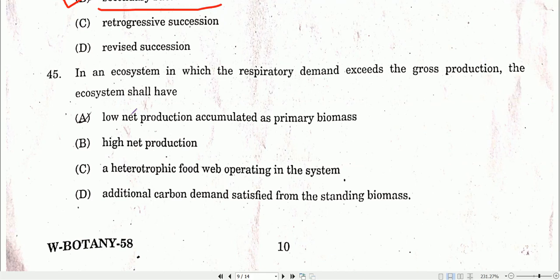Coming to question number 45. In an ecosystem in which the respiratory demand exceeds the gross production, the ecosystem shall have low net production accumulated as primary biomass. So option A will be the correct one.